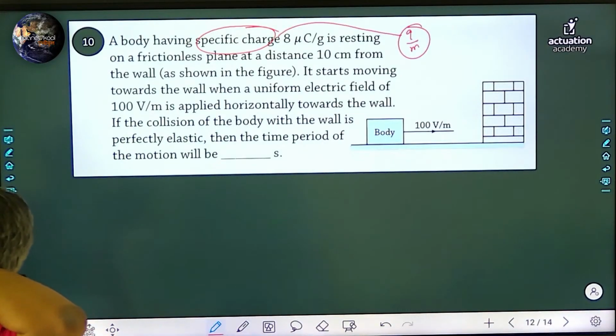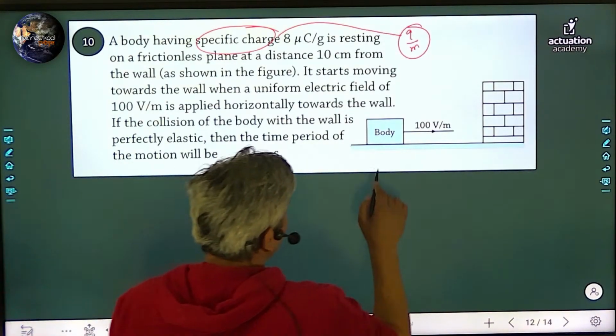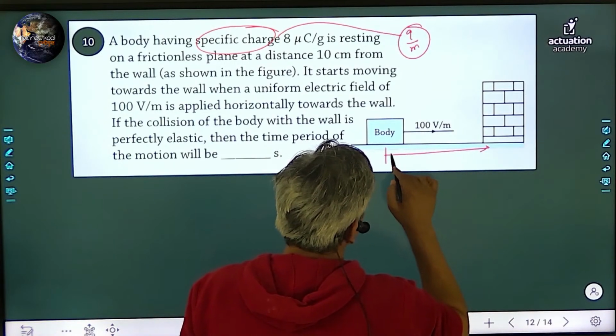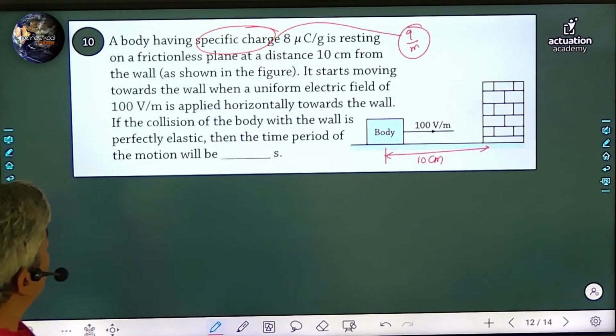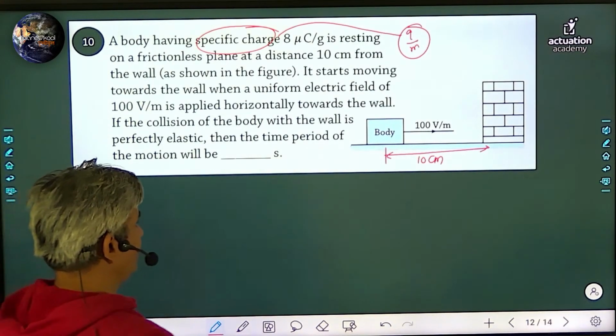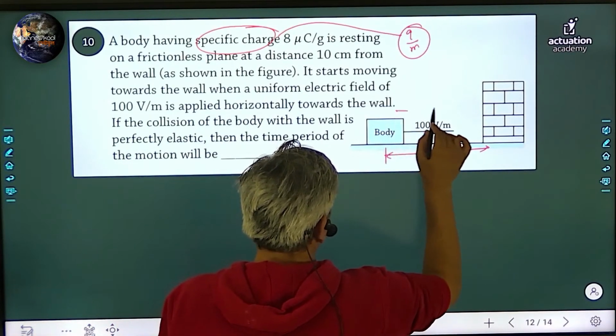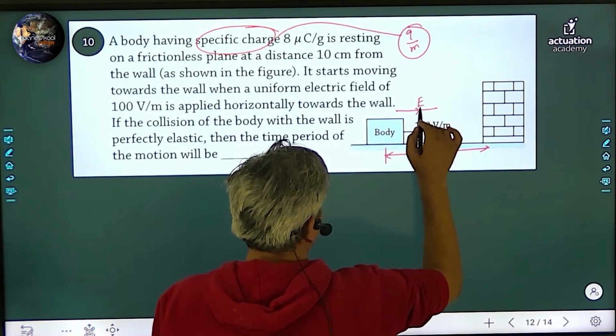It is resting on a frictionless plane at a distance of 10 centimeter from the wall. It starts moving towards the wall when a uniform electric field of 100 volt per meter is applied towards the wall. So we have the electric field in this direction.